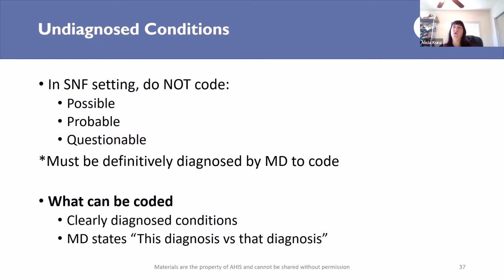You want to make sure that you're looking through all the documentation so that by the time they come to you, we have some sort of definitive diagnosis. So you want to be careful about that. If in the discharge summary, however, they say it's this versus this, then you can code both of them. But again, that's usually not the case.